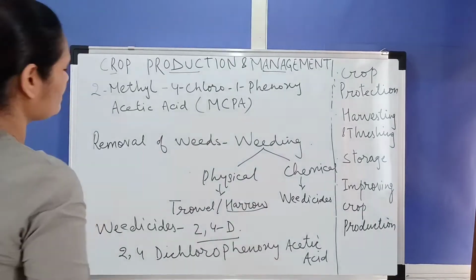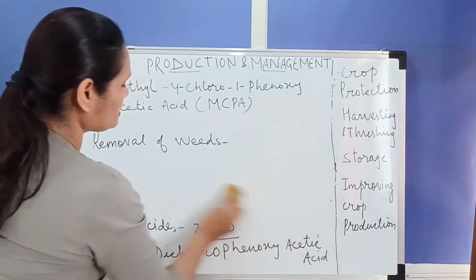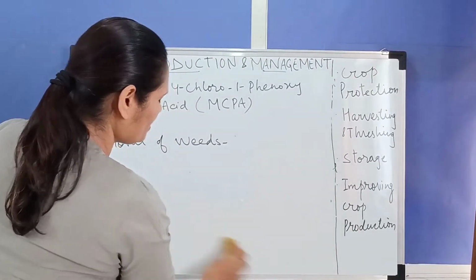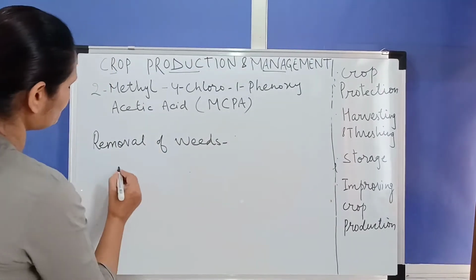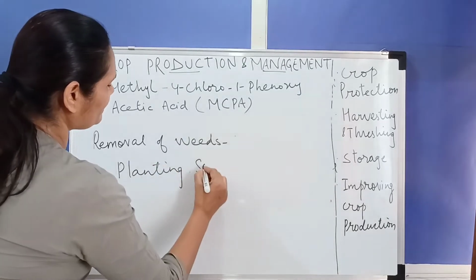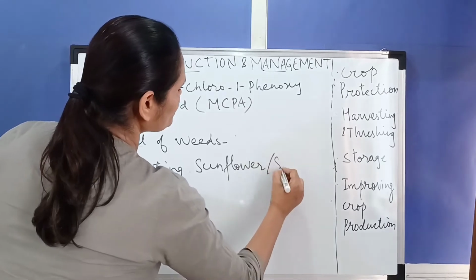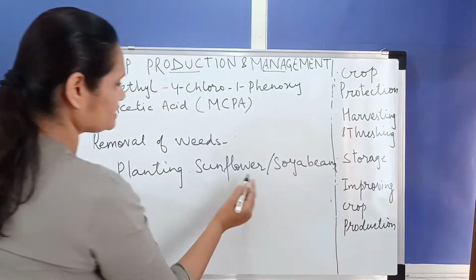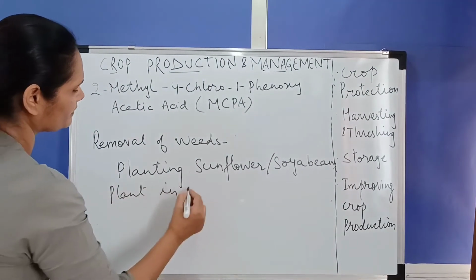Other than this, there is one more method for removal of weeds. That is, if we plant sunflower or soybean plants in the field.